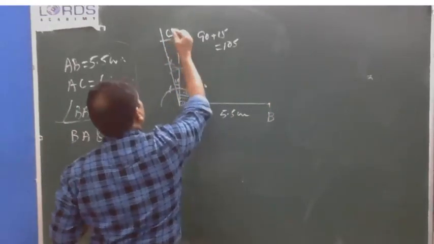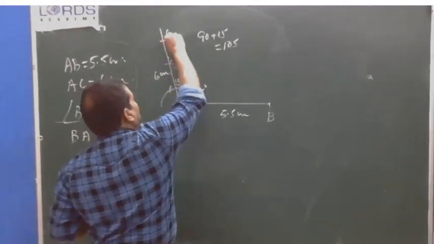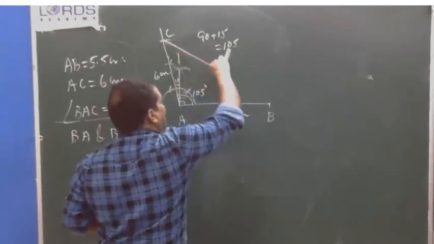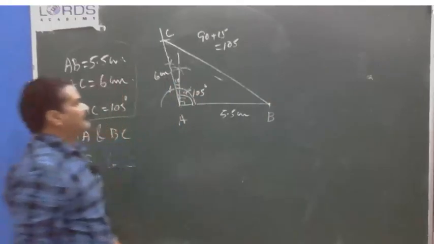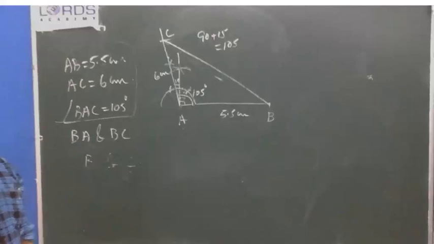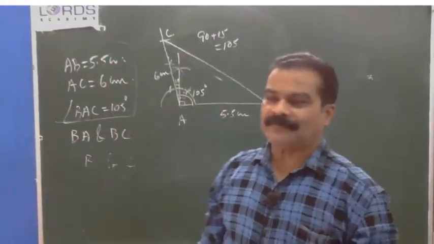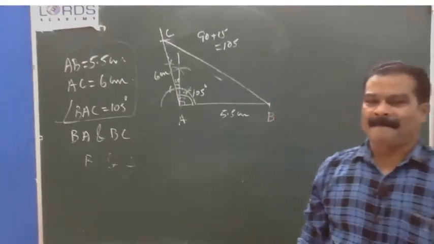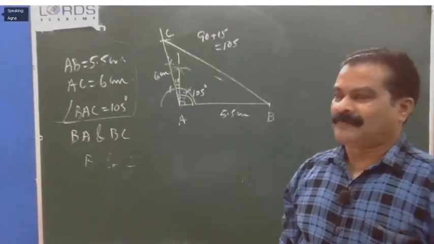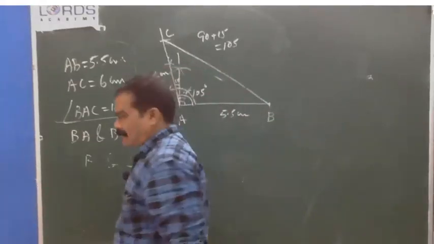Find out point C, 6 centimeter from A, and join BC using a scale. Thus, we will get the required triangle. Did you get this triangle, all of you? Okay, then next part.